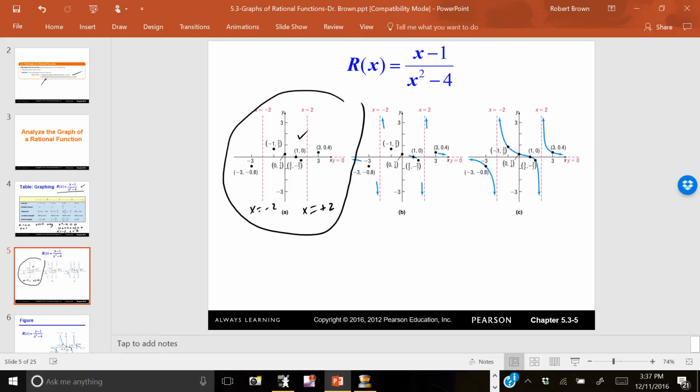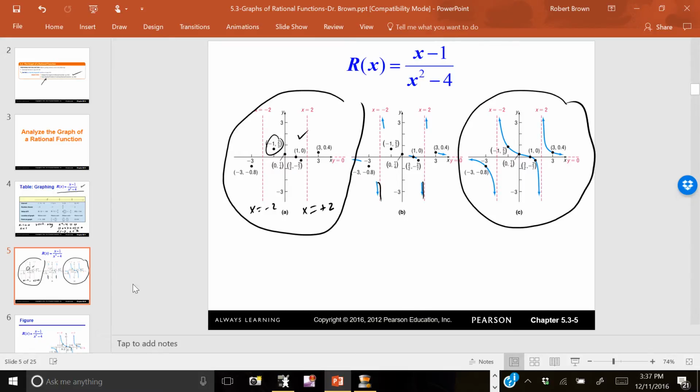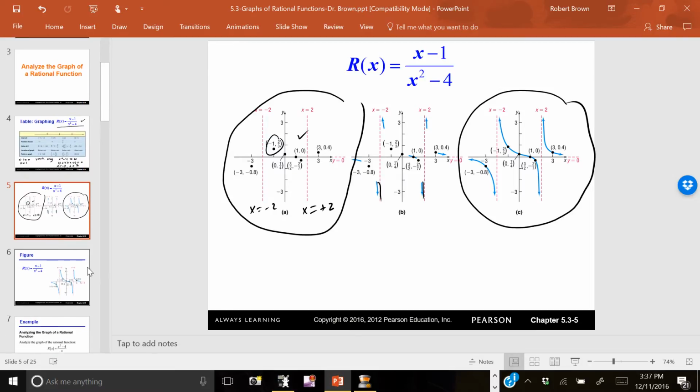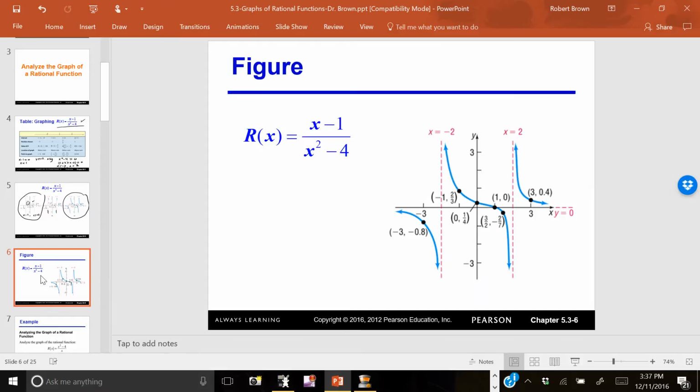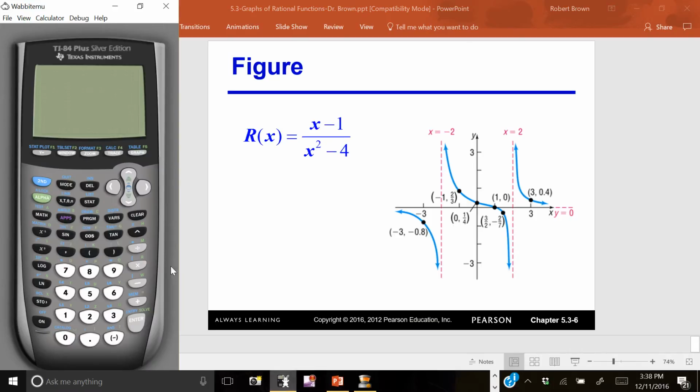And then plug in a few points in between, and then start drawing the asymptotes and fill in the points and finally get to this graph. Well, I'm going to suggest that the way this is really done today in the modern world of graphing calculators and computers, we would put the entire thing in our calculator and then do the graph. And that's the way I'm going to ask you to do it.